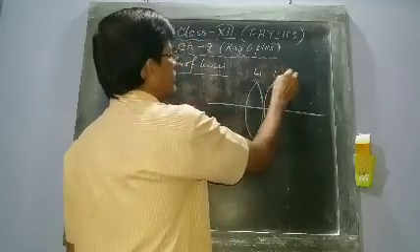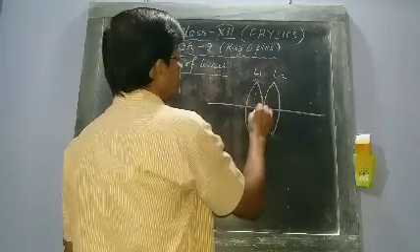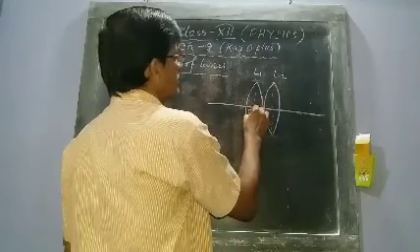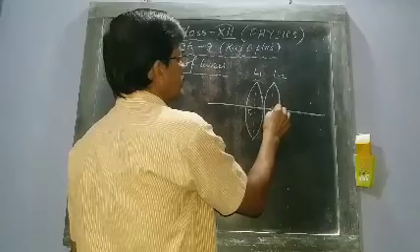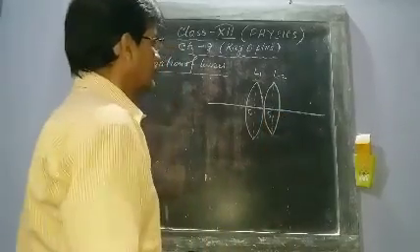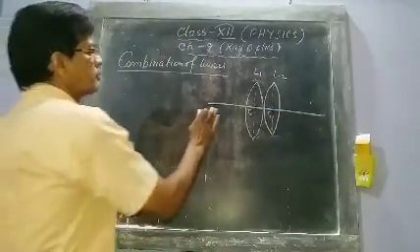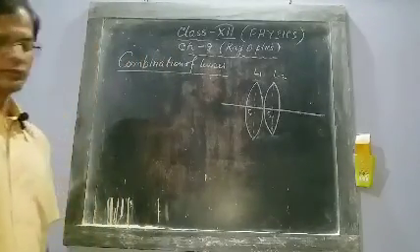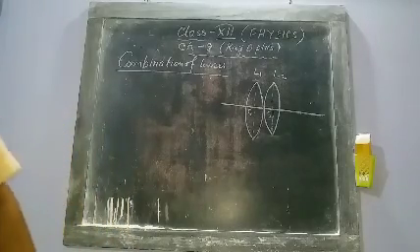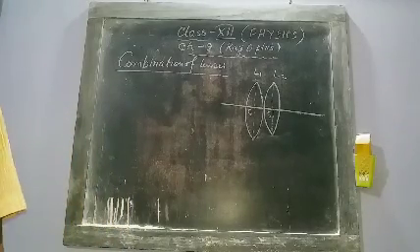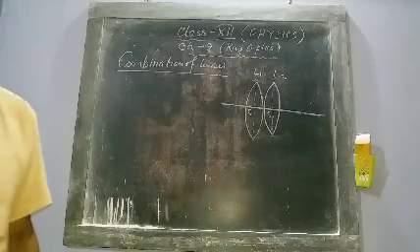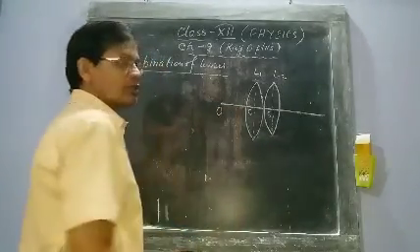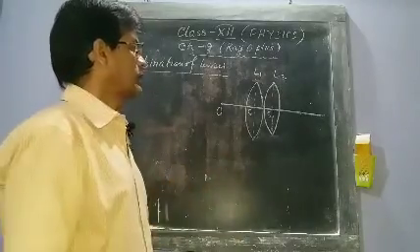Lens L1, lens L2, with optical centers C1, C2. Suppose a point object is placed here.